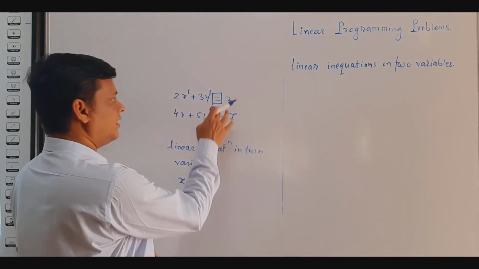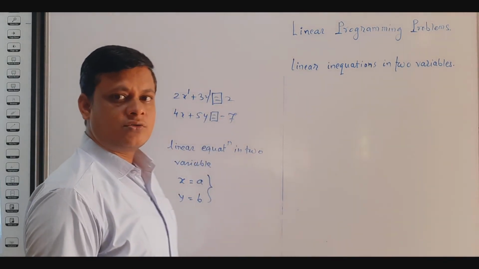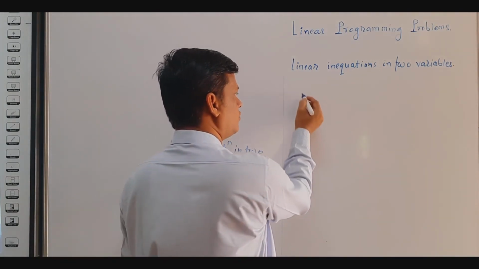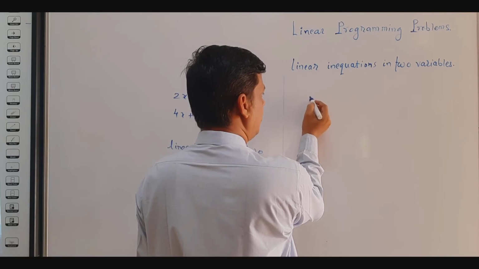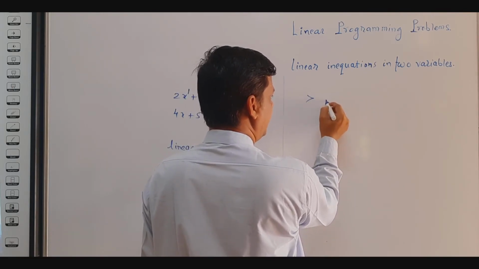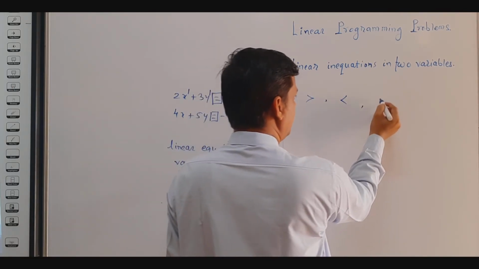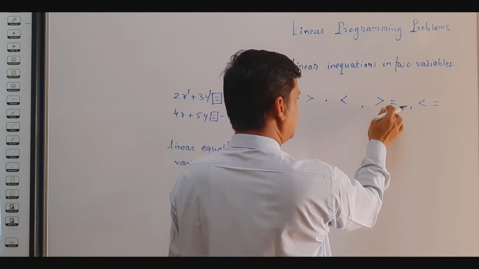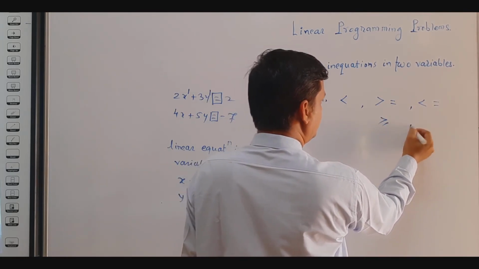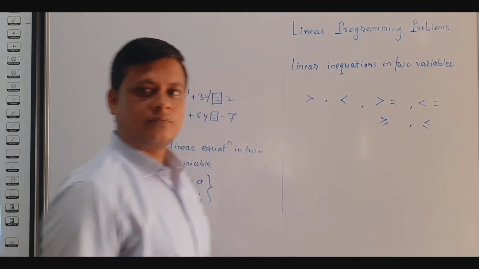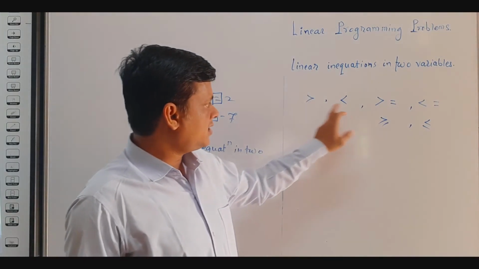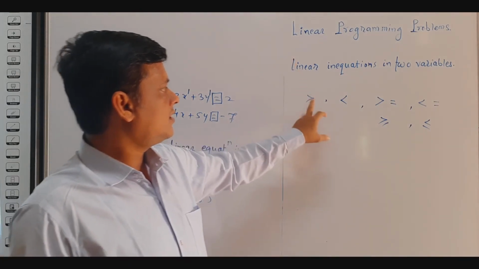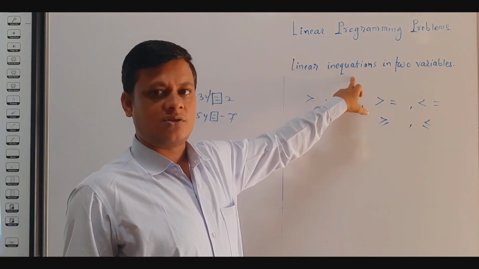That means instead of this equality, if we use relational operators, that is greater than, less than, greater than or equal to, less than or equal to, then those equations are called linear inequations.